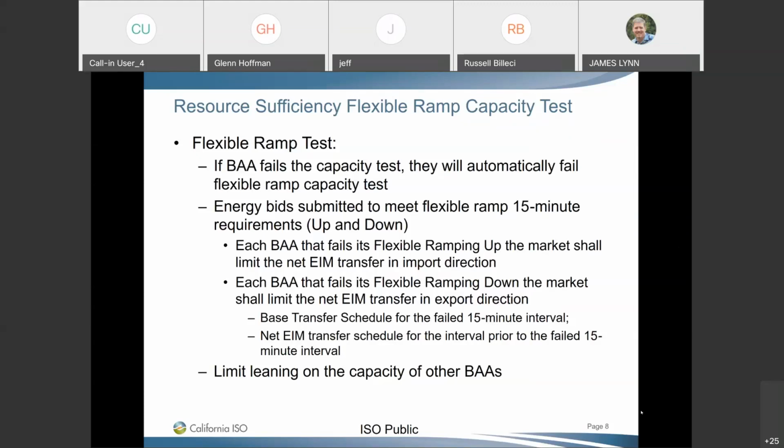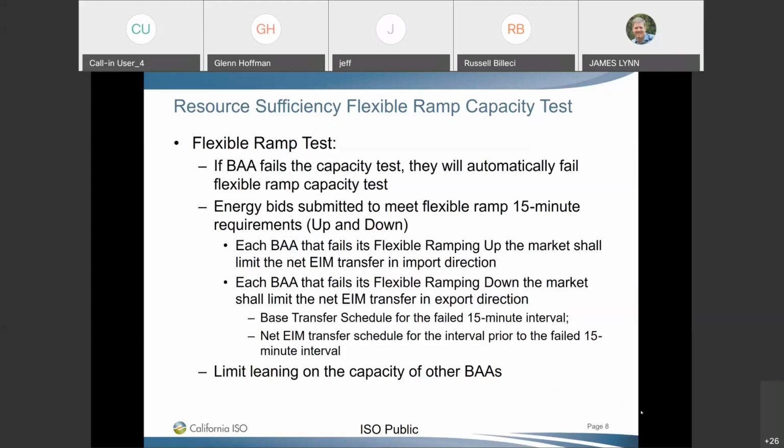The same occurs with flexible ramp down. However, instead of limiting the import direction, we now limit in the export direction. Now for BANC, prior to Turlock joining, when it was just BANC and SMUD, there wasn't a need to worry about the base transfer schedule.